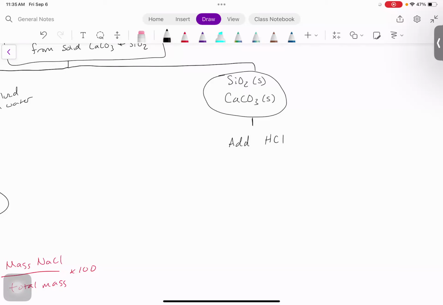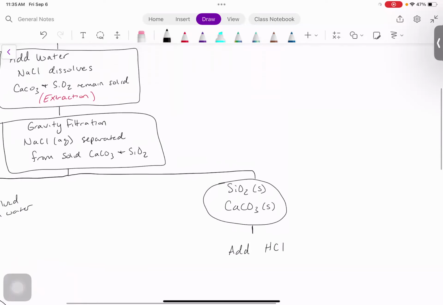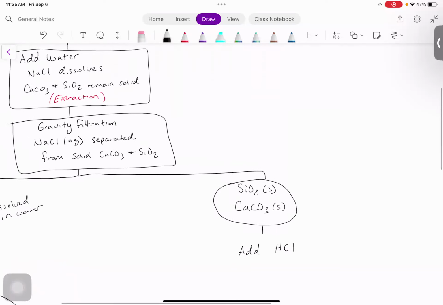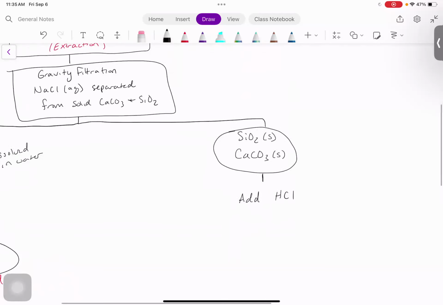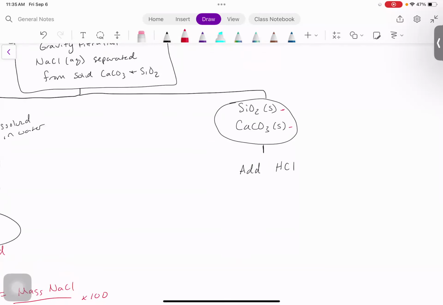So when I add HCl, just like up top, I wrote what happened when I added water. When I added water, sodium chloride dissolved. The other two things did not dissolve. When I add HCl, one of the components of this mixture will react and one will not. So how do we know which one reacts? Well, that was, again, information that we can get from our table of physical and chemical properties.